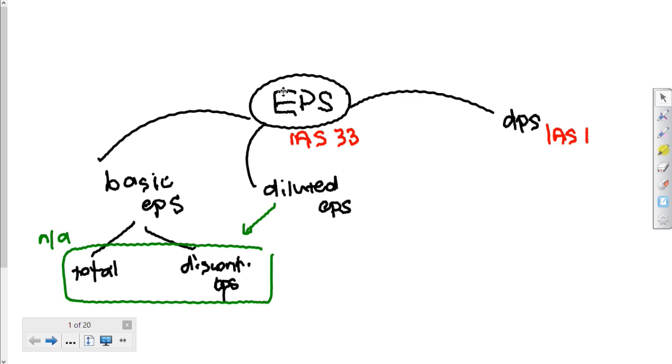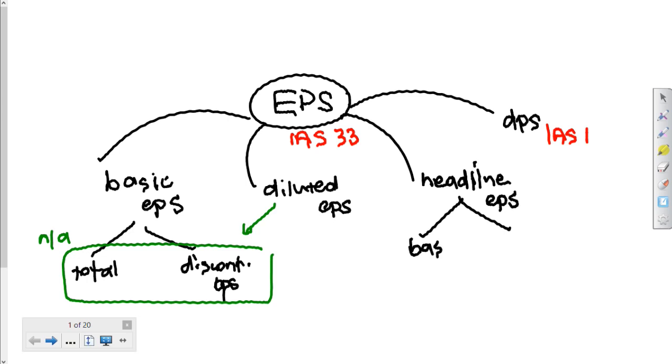And then we also disclose something called headline earnings per share. And headline earnings per share, we will show basic, it's called HEPS, and we will show diluted HEPS. And headline earnings per share is a requirement of the JSC rules.